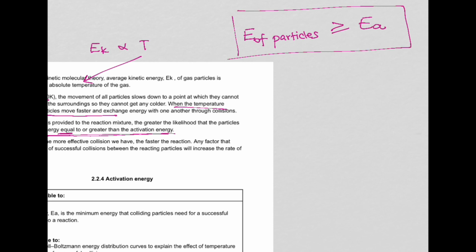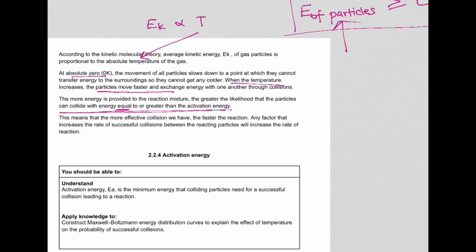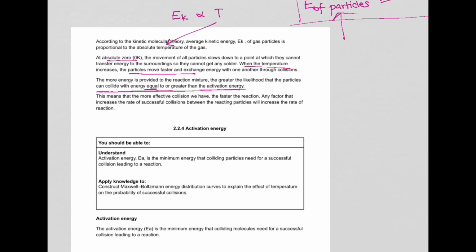This needs to be satisfied for any collision to be successful. And the more particles you have with energy greater or equal to activation energy, the more successful collisions you're going to have. So any factor that increases the rate of successful collision will increase the rate of the reaction.